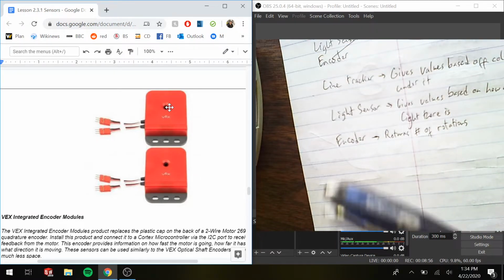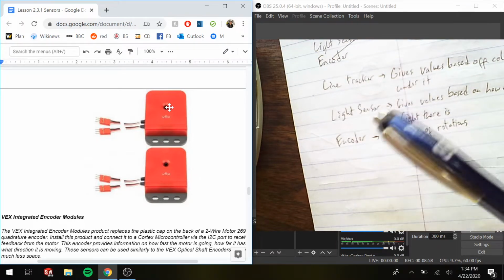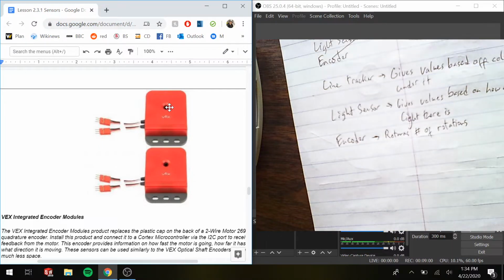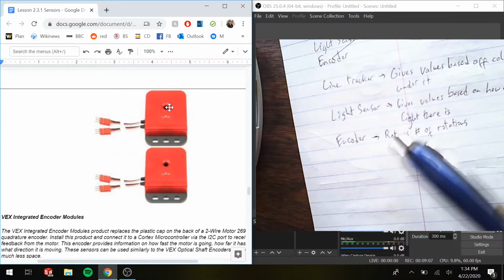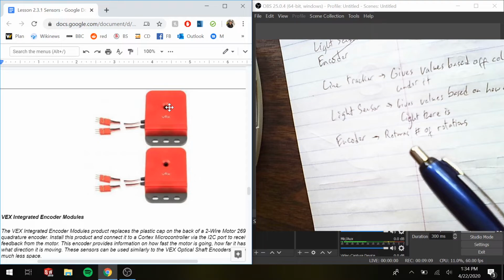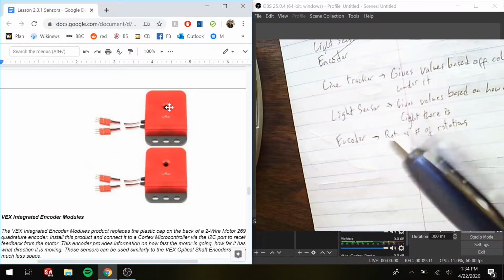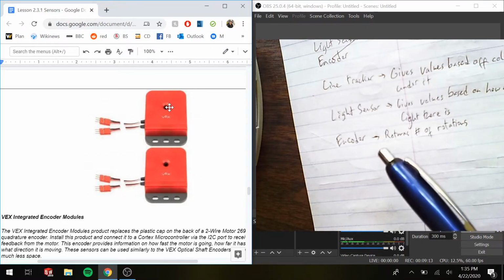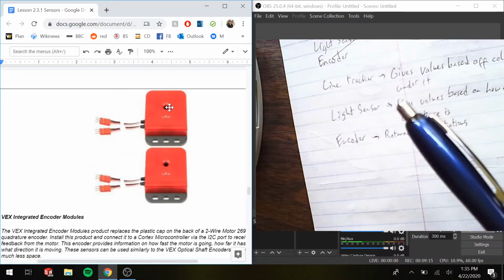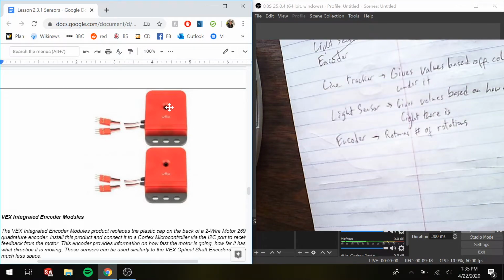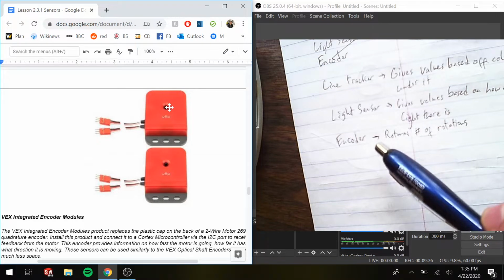Sometimes encoders will only detect by rotation, so 0 rotations, 1 rotation, and can't detect half rotations. Sometimes an encoder will have 360 possible values. So it goes 0, 1, 2, 3, and all the way to 360 to indicate that it's gone 360 degrees. And then after it goes 360 degrees, the computer knows that's been one rotation, and it adds to it. But in general, it's an analog sensor where it's just sensing how far an axle has rotated.